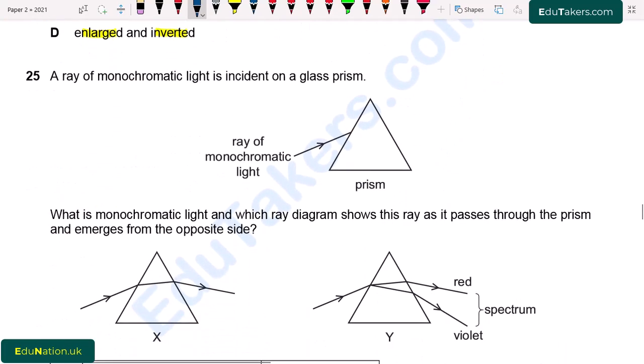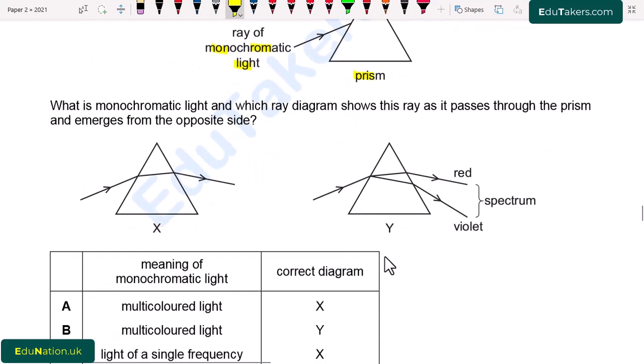Question number 25. A ray of monochromatic light is incident on a glass prism. Here is a glass prism and a ray of monochromatic light is incident on this. Which ray diagram shows this ray as it passes through the prism and emerges from the opposite side?